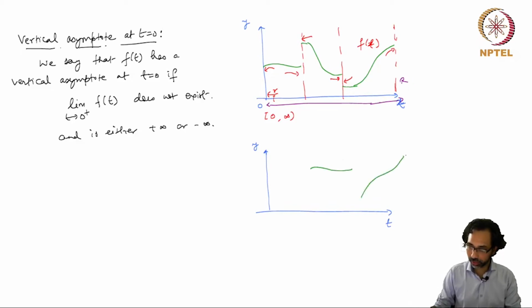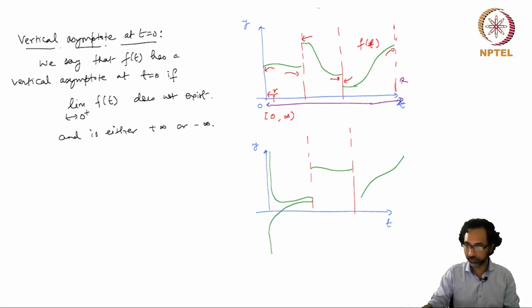Outside 0 it can have a piecewise continuous behavior, but when you approach 0, it will either go to plus infinity like this, or it could go to minus infinity like this.